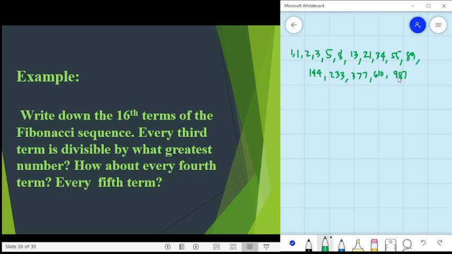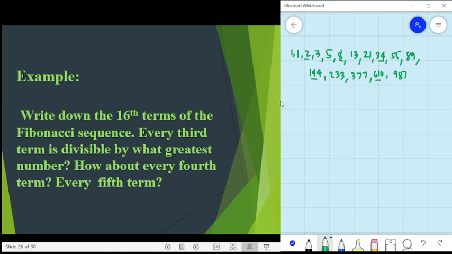Okay. And every third term, it is divisible by what greatest number? The third terms are 2, 8, 34, 144, and 610.